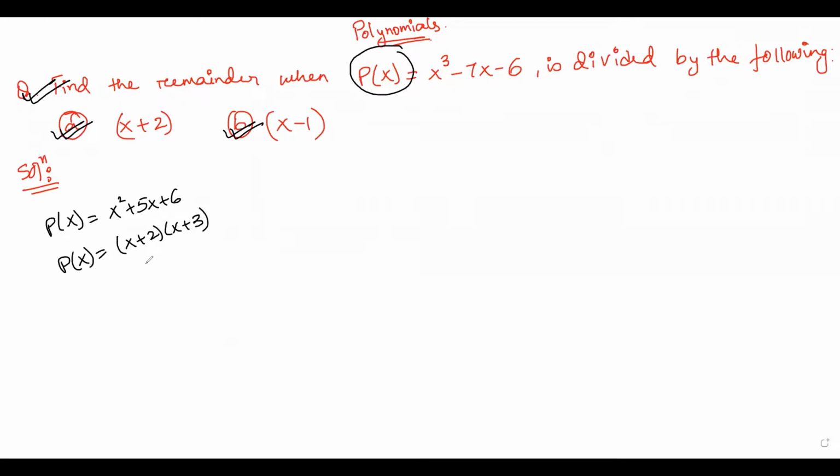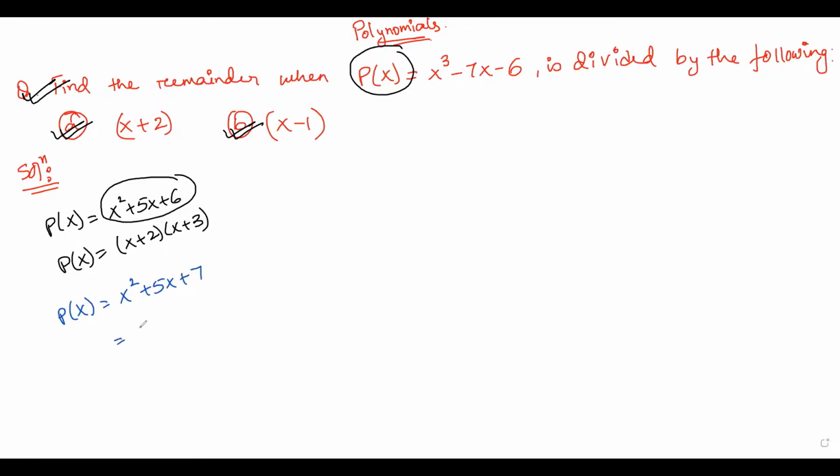So now if I ask the question, what is the remainder when this polynomial is divided by x plus 2 or x plus 3? The answer would be simply 0, since x plus 2 and x plus 3 are the two factors for this quadratic polynomial. But suppose instead of p(x) equal to x square plus 5x plus 6, I would have given p(x) as x square plus 5x plus 7.